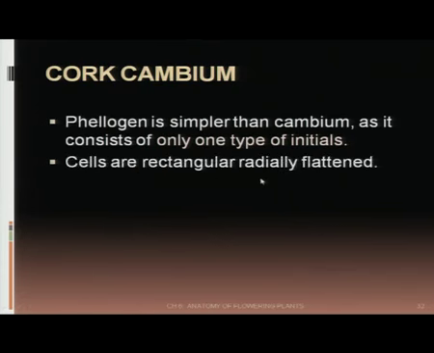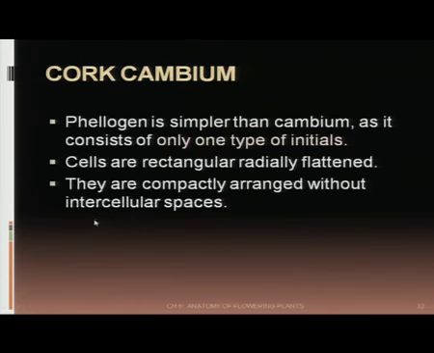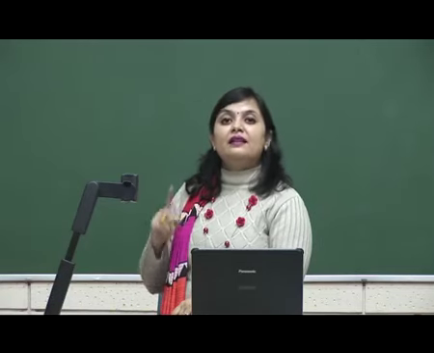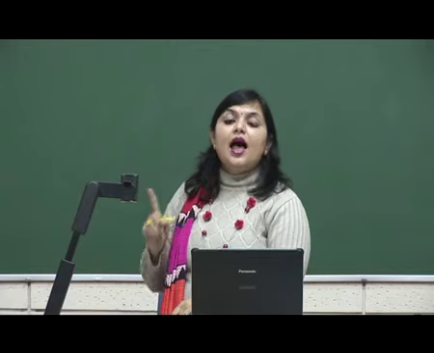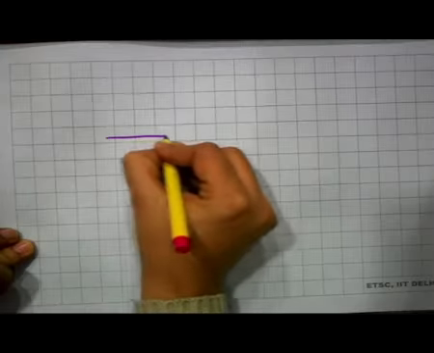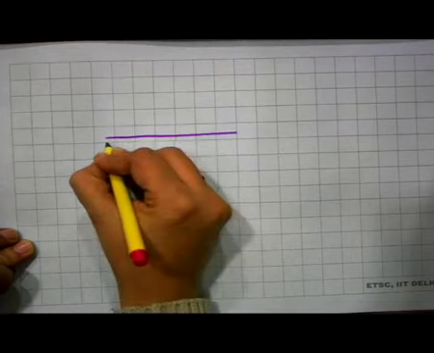These cells are rectangular and radially flattened. They are compactly arranged without intercellular spaces, and they have vacuolated protoplast also. So, again let us try to draw this phellogen. Whenever we draw any kind of cambial cells, we will remember that the cells will be rectangular and flattened. So, when I am drawing the cambial cells, I will draw straight lines.